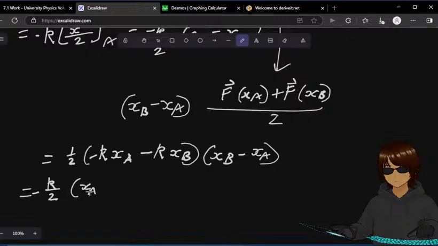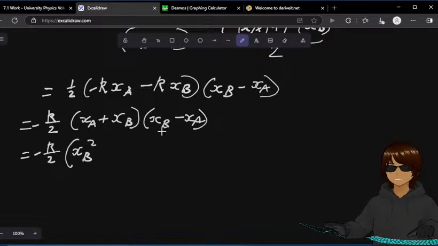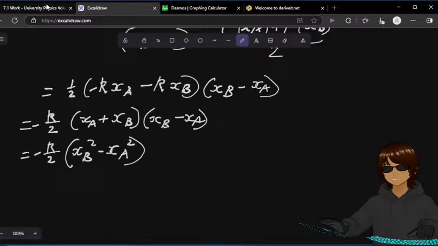We have A plus B, and then this times this would be B squared. A times B will cancel out with B times A. Then we are left with A times A. And that's the equation we derived.